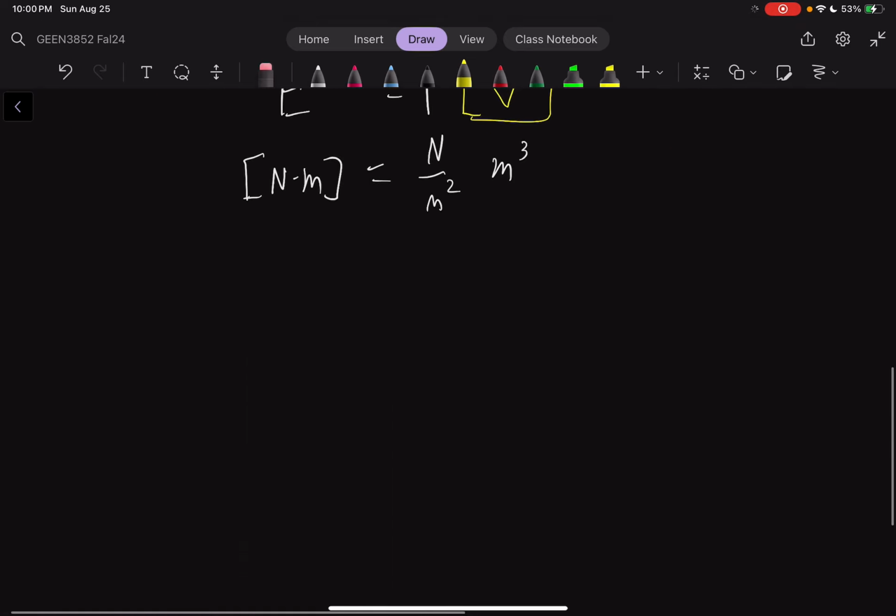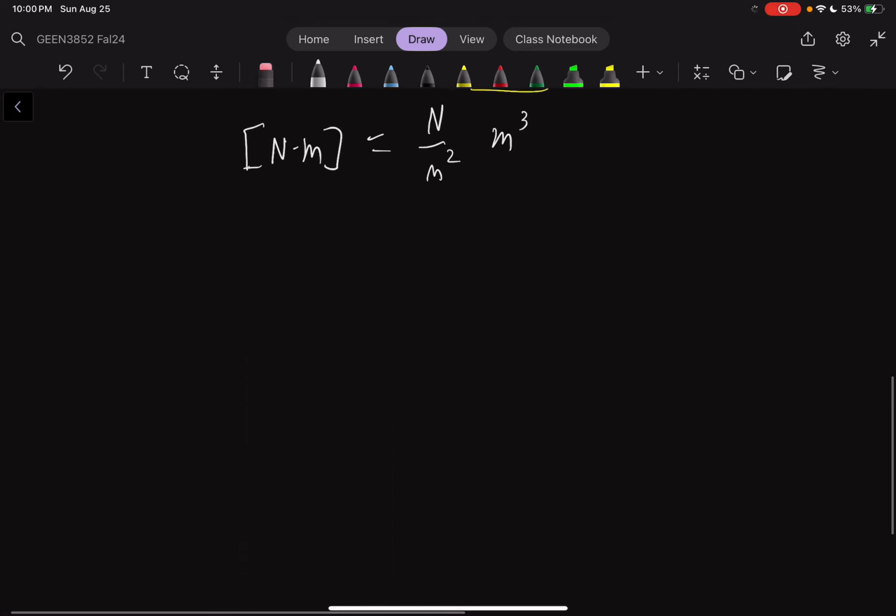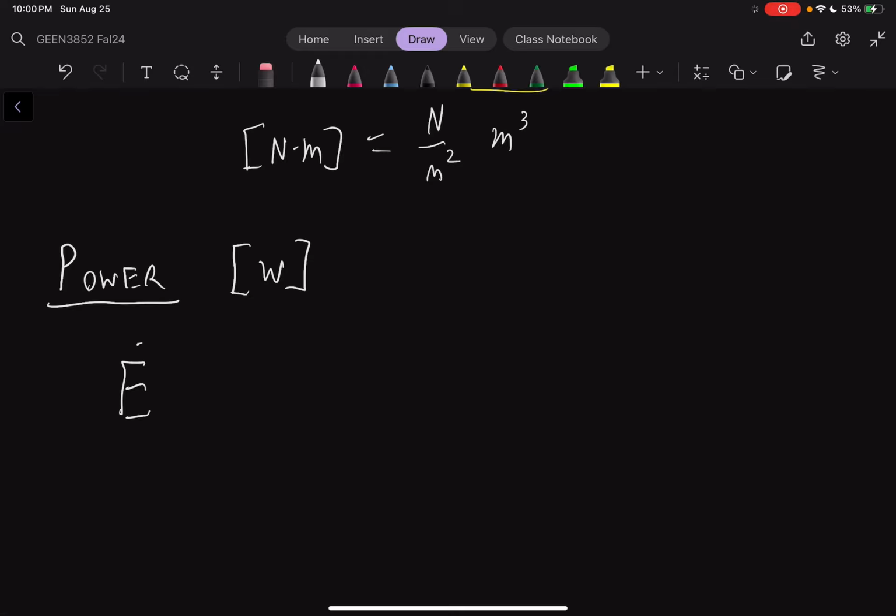I'm going to show you one more example. This one's related to power. Power is another common unit, and the SI unit for power is going to be watts. And I use this symbol to represent power, E dot, or when I'm talking about the work, I might use W dot. Both of these have this dot in it. That just tells you it's a rate.